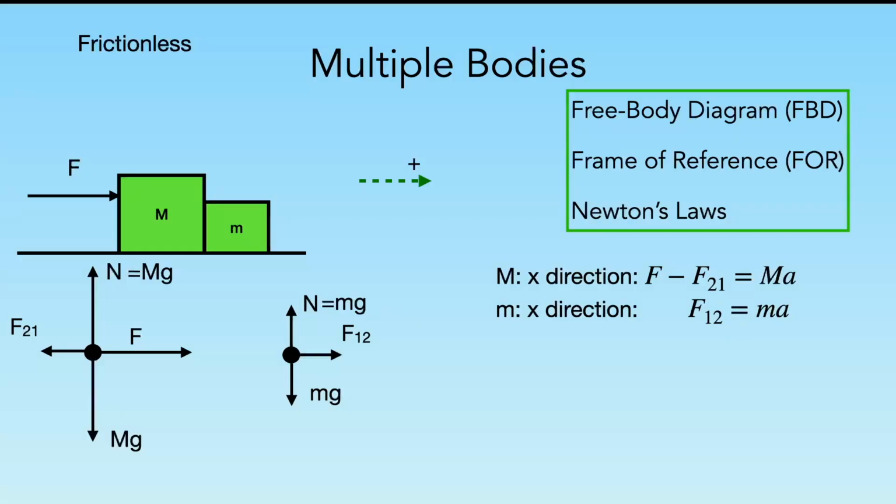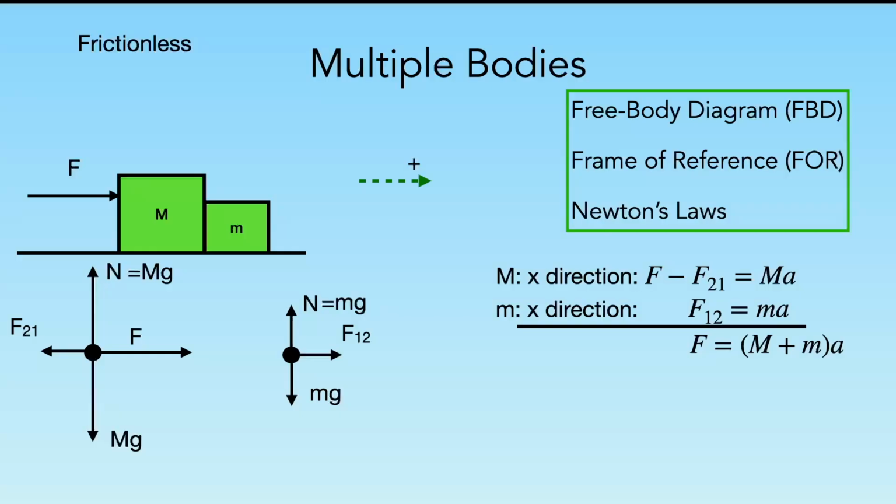Now, one thing I like to do on this is add these equations. F21 and F12 have the same magnitude, right? So if I add the terms on the left, F minus F21 plus F12, and again, those are the same size. If one of them's 5 newtons, the other's 5 newtons.